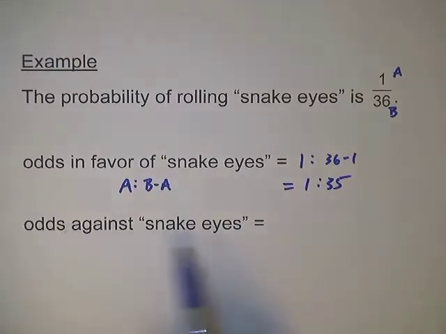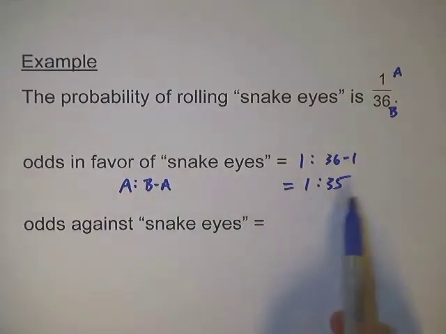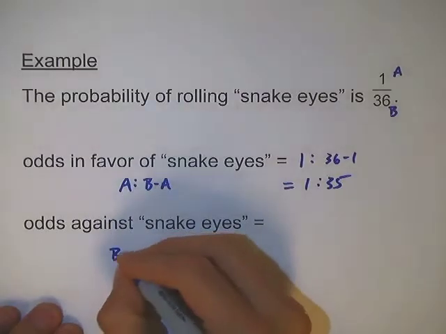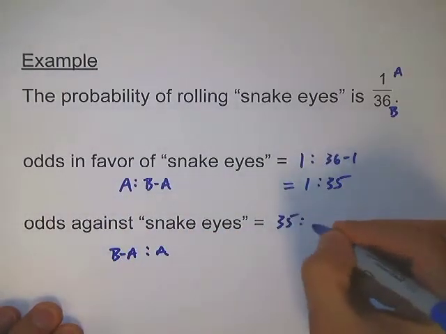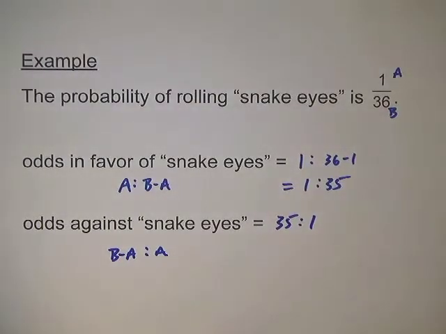The odds against are always the odds in favor flipped around, so that's B minus A to A. This ends up being 35 to 1 odds against snake eyes.